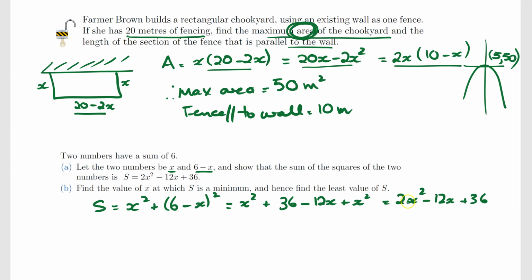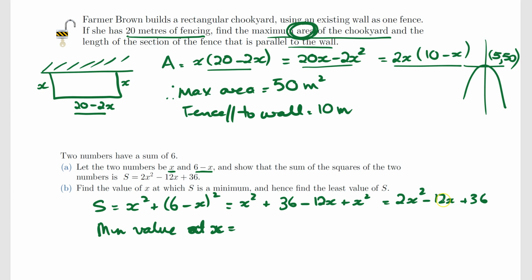Again, we can see that this is a concave up parabola, so it will have a minimum value. That minimum value will occur at the vertex. So now we find the vertex by whatever means we like. Rather than factorising this, I'm going to say the minimum value will occur at the vertex, at x equals, and I'm going to use minus b on 2a.